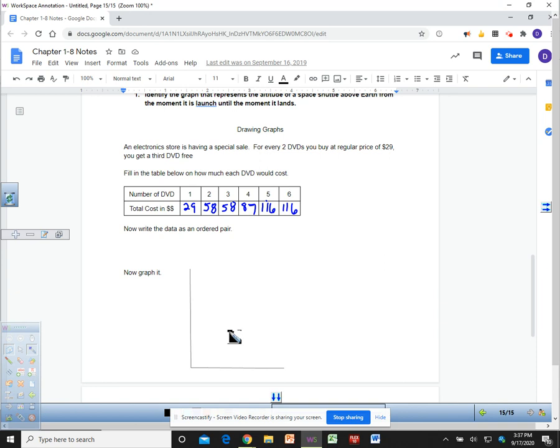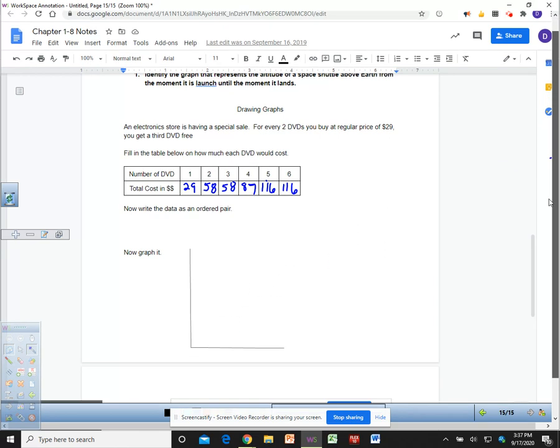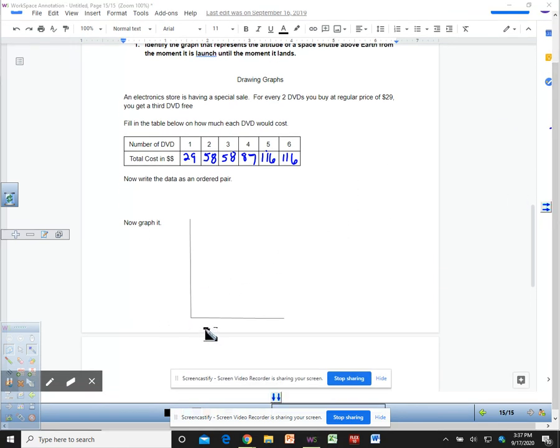So if you were to graph that, looking at your notes, we've got to figure out which is our x and which is our y. Can I control the cost of a DVD, or can I control how many I buy? Well, I can control how many I buy. I can't control the cost. I can't go to Walmart and say, I want that DVD for $5. You go to Walmart, a DVD, Blu-ray, whatever's going to cost you however much; you don't get to pick the price.